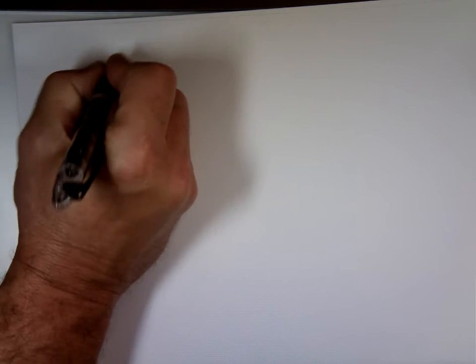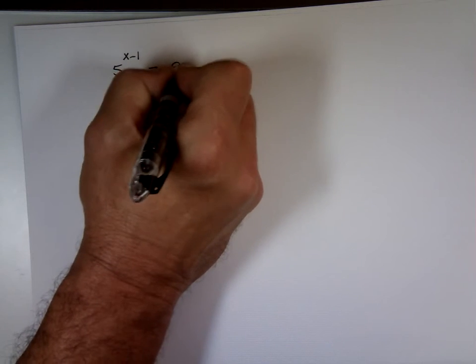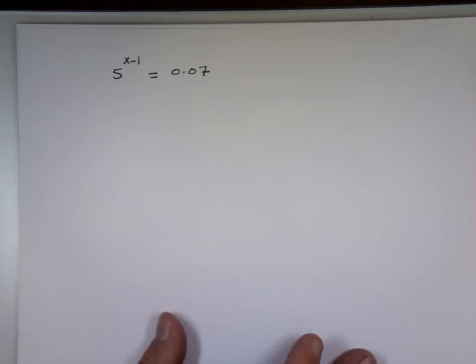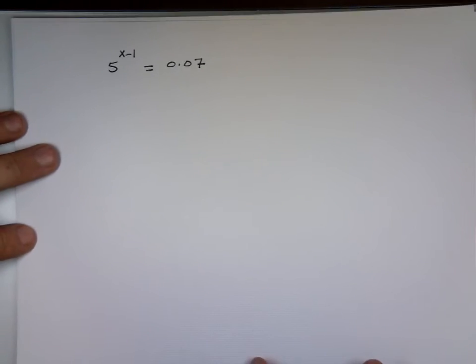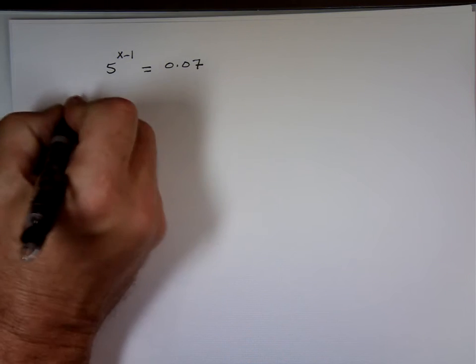Let's say I have 5 to the power of x minus 1 equals 0.07. Again, you can choose log or natural log. What do you want to do? Natural log, okay.